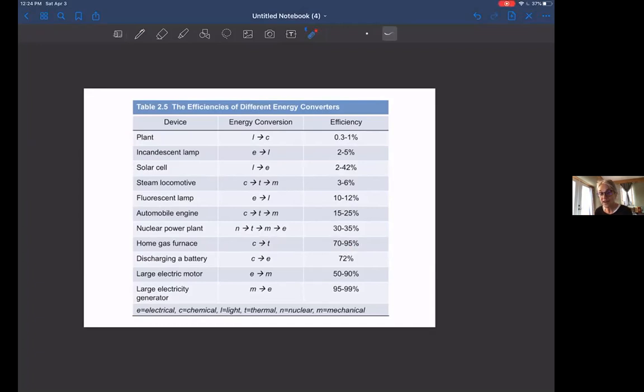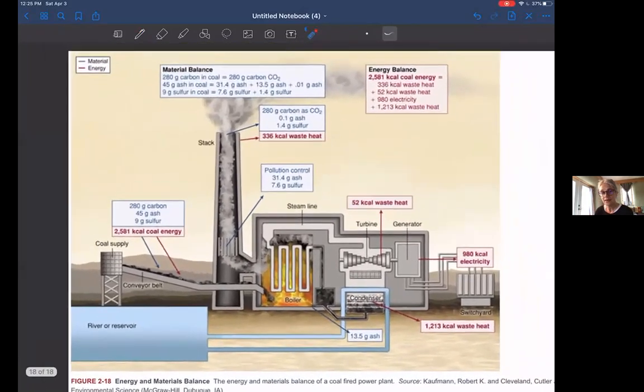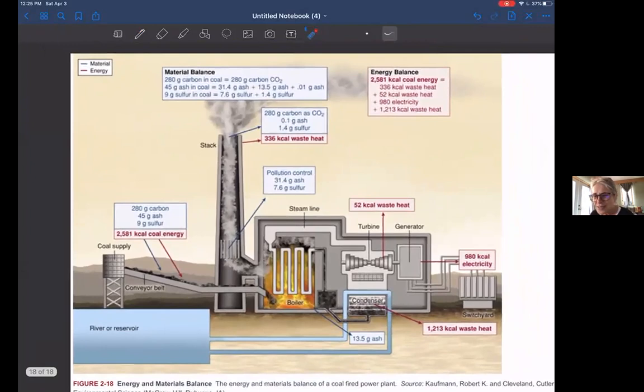We can also look at how we can create electricity, say, for example, from coal. So we have coal burning plants. How does it turn coal, which is a type of chemical energy, into electrical energy? So let's look at the process of that.